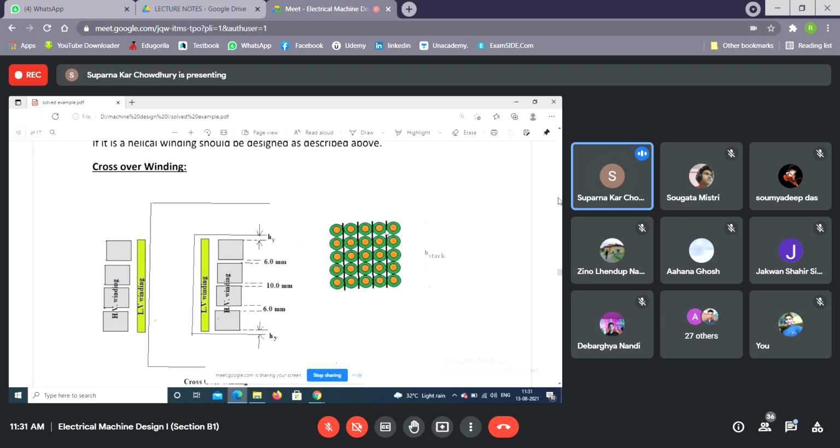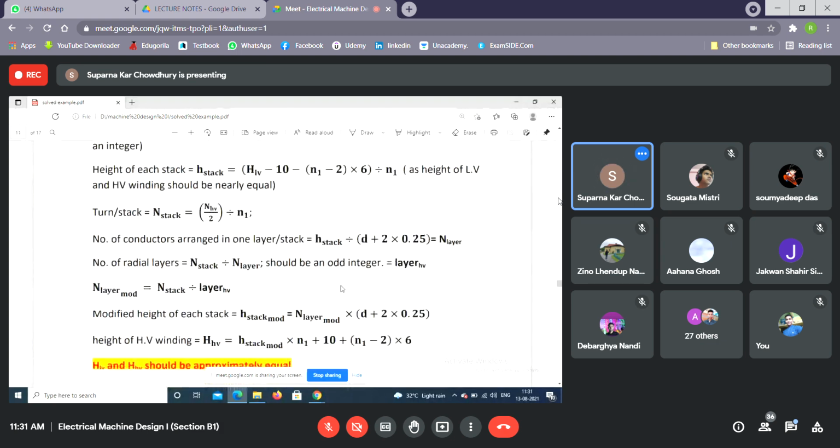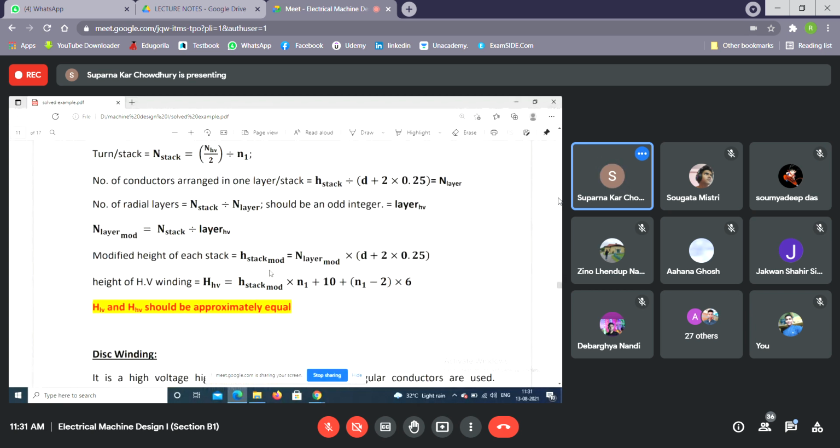So if we have an odd number of layers, then we start from here, finish from here. So for the next layer, we will again start from here. So it will connect in series like this. Now instead of that, if we have an even number of layers, then we will finish here. So the connection we have to make is from here to here. So to avoid those cumbersome connections, we will have an odd integer as the number of layers.